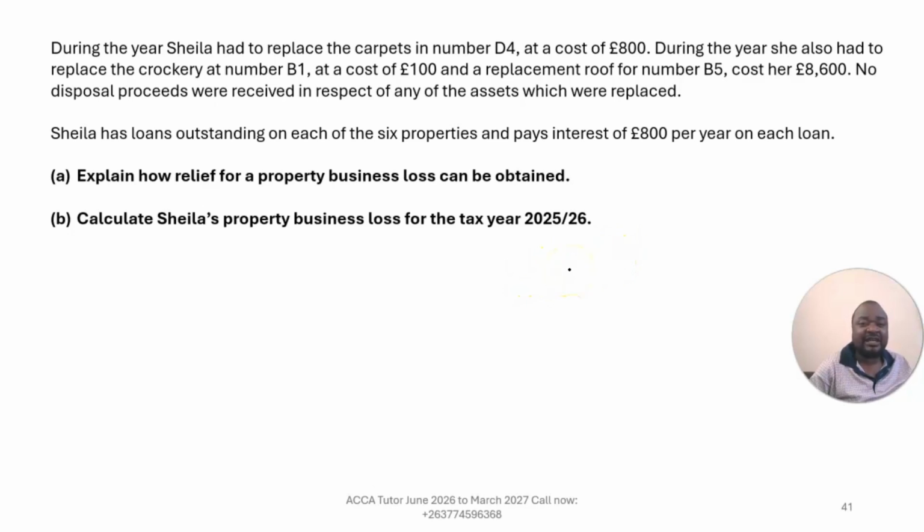In this case, if the examiner says business loss, he is not giving you an allowance of determining a profit. So if your computation ends up in a profit, you need to ask yourself why.